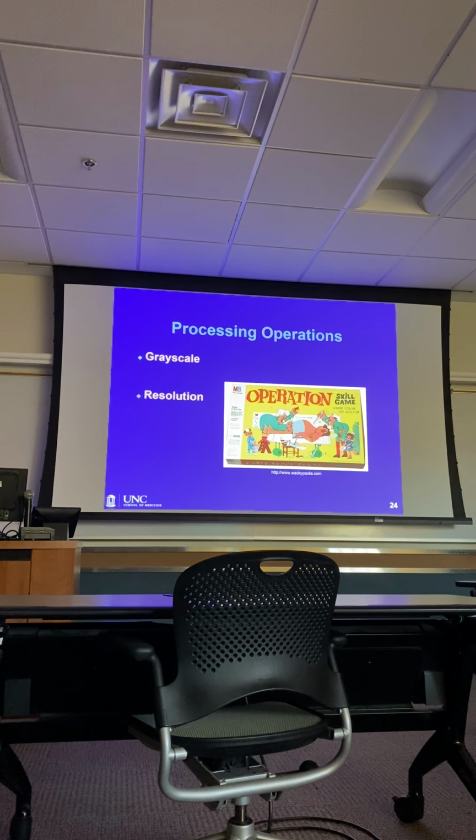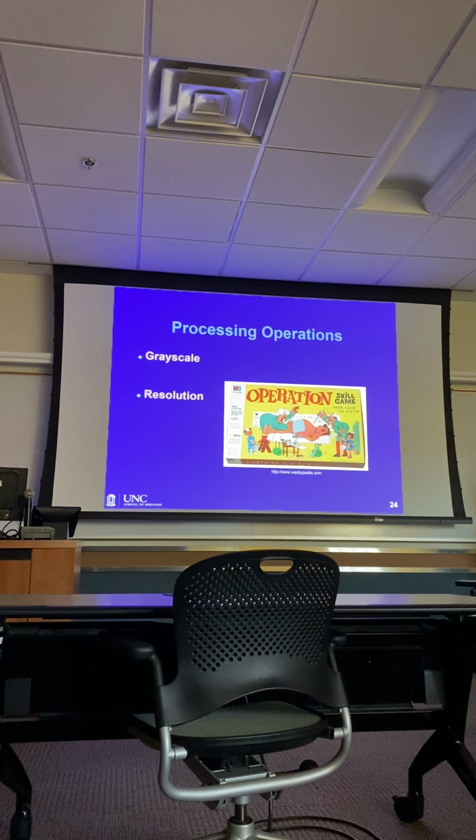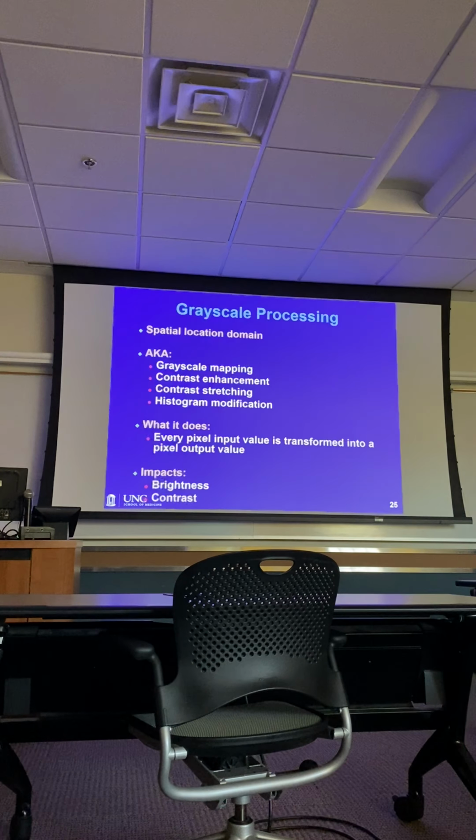There are other ones that can be used to manipulate the appearance of spatial resolution. And grayscale, technically, is not just contrast, but even the brightness. Brightness and contrast are also linked together. So things can be done to manipulate grayscale, and things can be done to manipulate the resolution. These are referred to as processing operations.